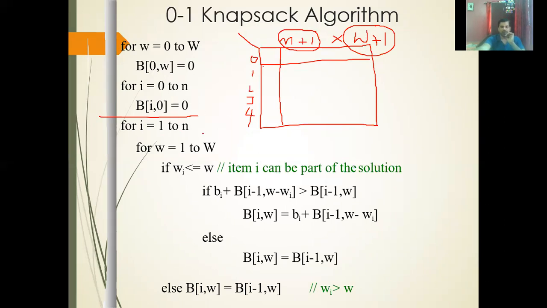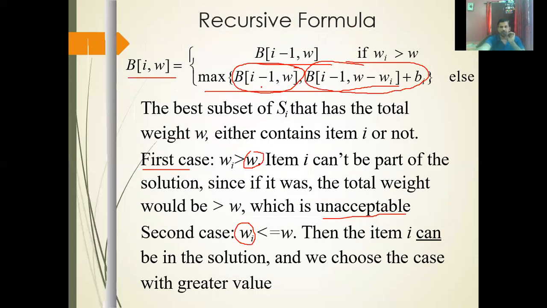So I'm varying from 1 to n across your items, and across your column it is 1 to W. If that current item weight is lesser than or equal to W, that item i can be the part of the solution. Can be. It's not 100% sure, because I'm supposed to choose the maximum among your two solutions. Among these two, the maximum should have to be assigned to your B of i comma w.